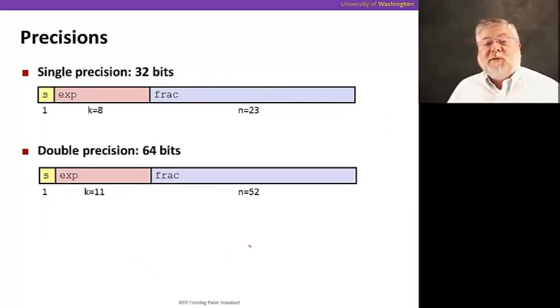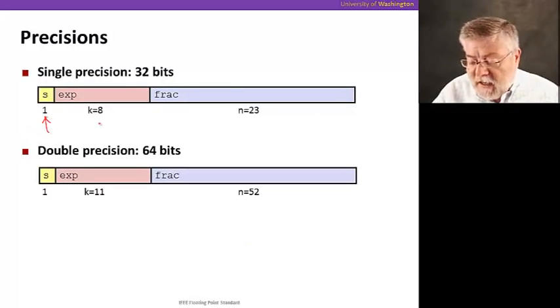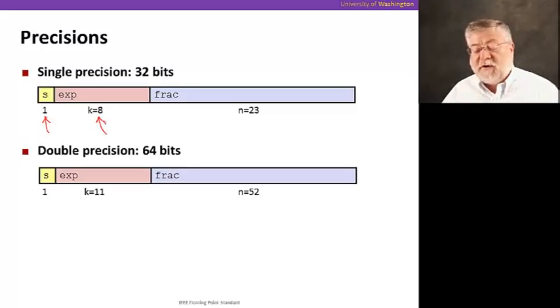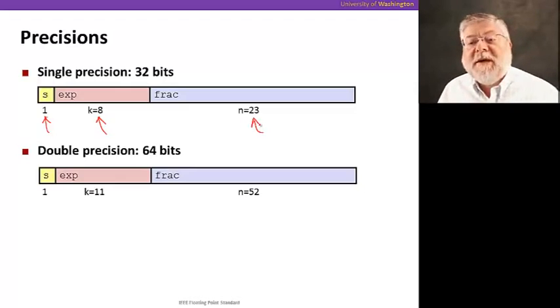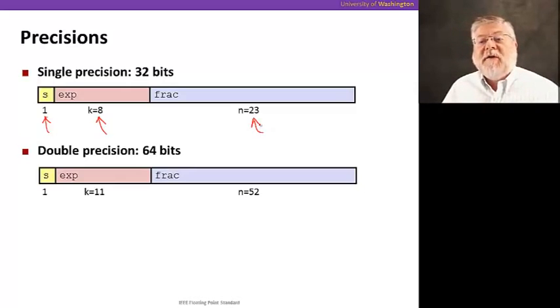So now, how many bits do we assign to each of these fields? We said that we're going to have one bit for the sign. That's easy enough. For a floating point number represented in 32 bits, the IEEE standard says we're going to use 8 bits for the exponent. That's going to limit how large and how small our numbers can get. And then we're going to use the remaining 23 bits for representing the mantissa, or the fractional part.